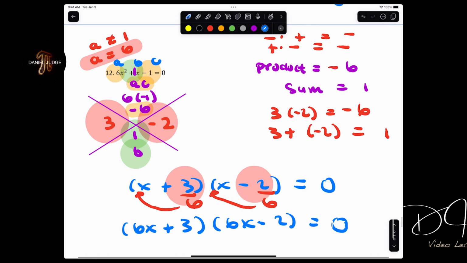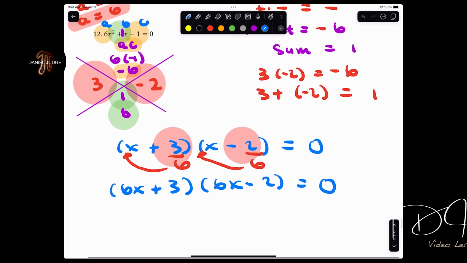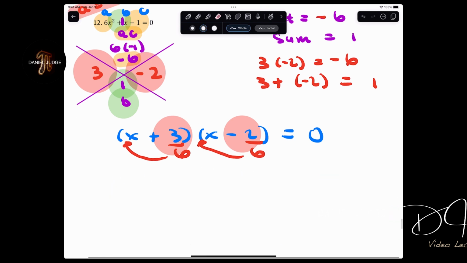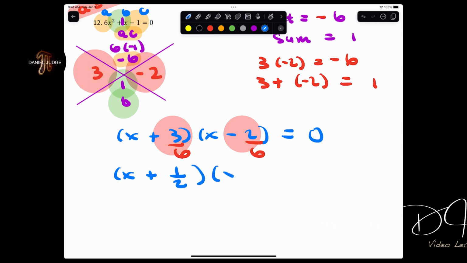Let's double check. 6 times negative 1 is negative 6. B is 1. Something's bothering me. I think we have to reduce these. I apologize. We have to reduce our fractions. Okay? There it is. That's what's bothering me. So 3/6 is 1/2. 2/6 is 1/3.